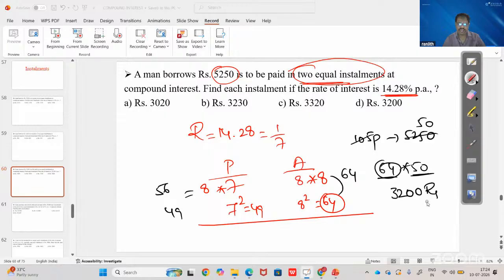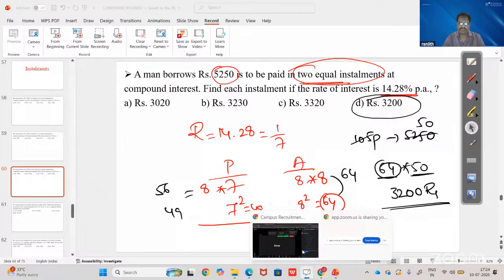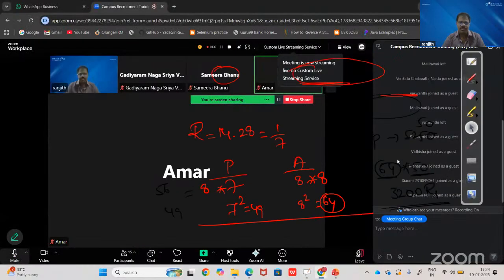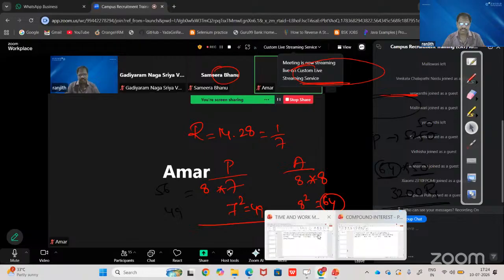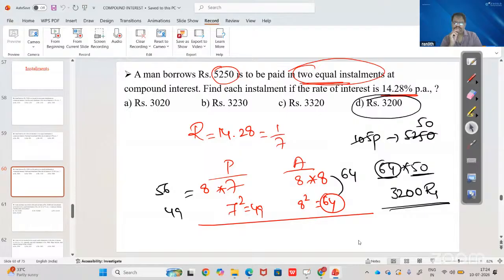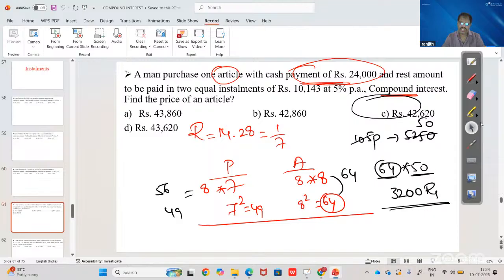So the answer equals 3200. 3200 will be our answer. Each installment is 3200. Next.